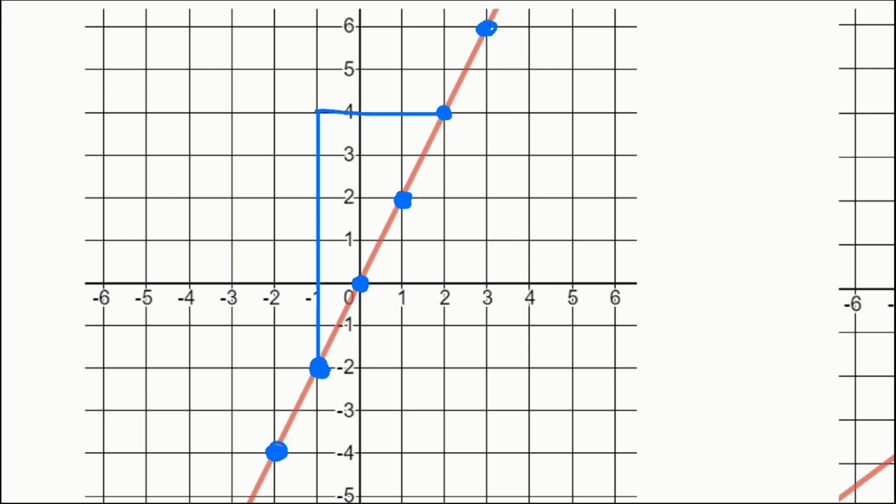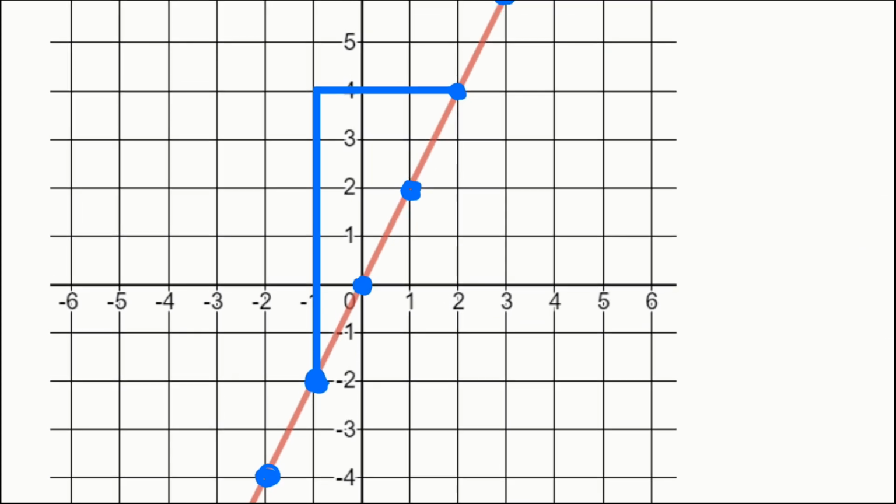Now, if you took a look at this and you know how to do this and you didn't choose these, it's okay. Let me show you. Let me make that a little bit thicker. There we go. All right. It's okay if we did that. So our rise, our vertical change is going to be, I'm going to count 1, 2, 3, 4, 5, 6.